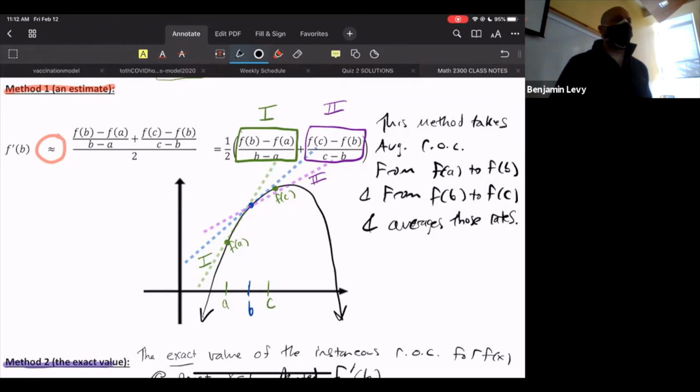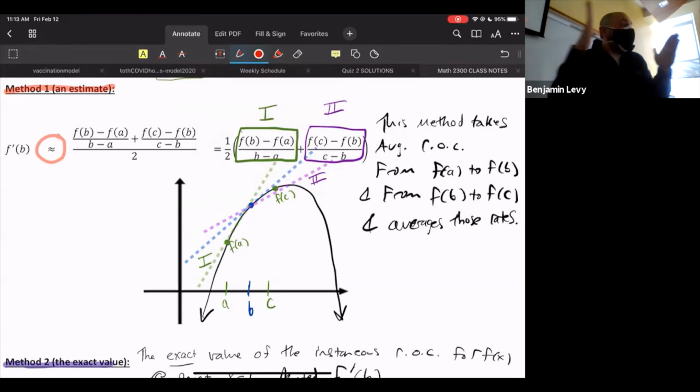So how do we get a good approximation? In other words, how do we choose A and C? We know point B. B is the point we care about. But how do we choose points around B to get a good approximation? There's a couple of things that would ensure we get a good approximation. What do you think?